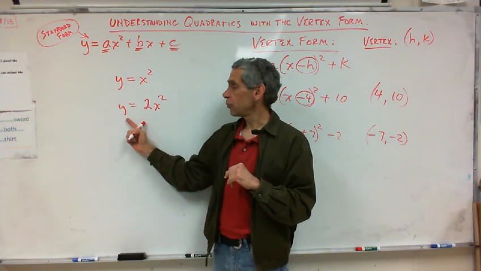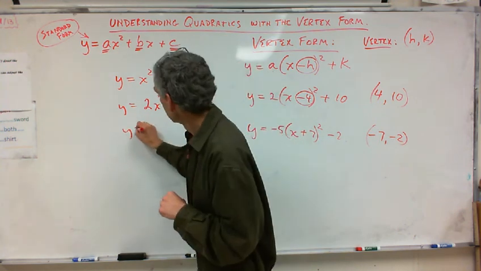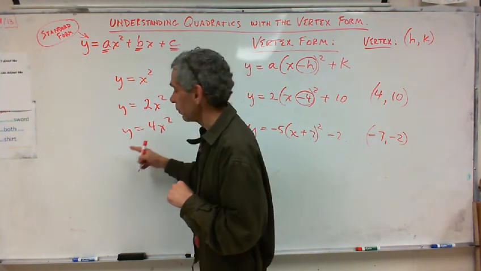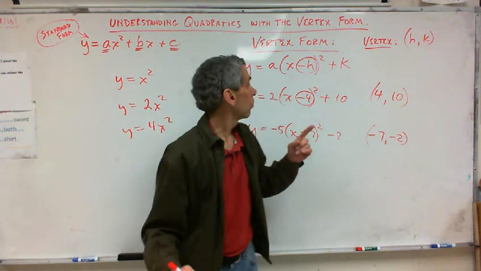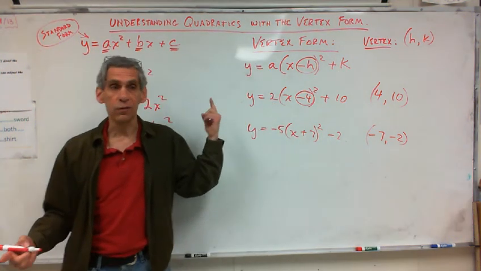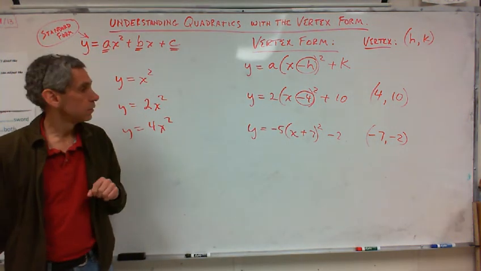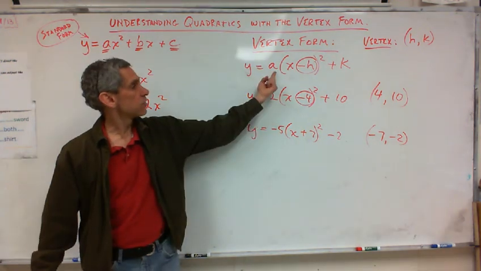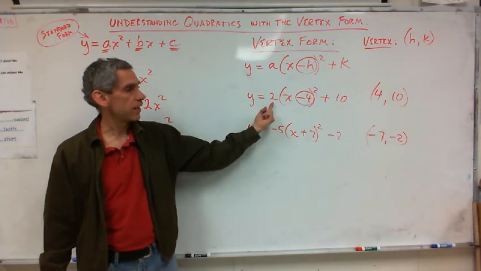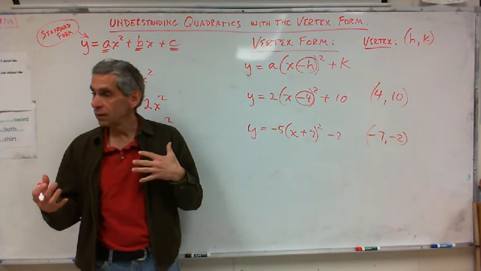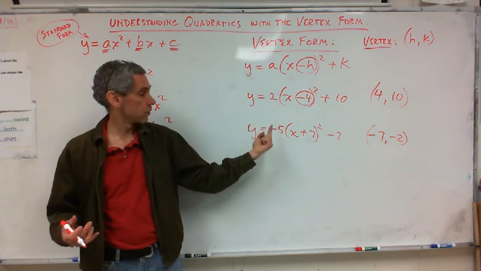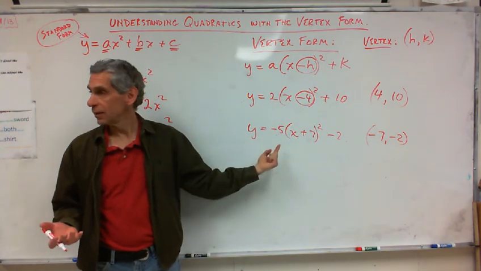If I had y equals 4x squared, it would be standard parabola times 4. Right? So where's my a in the vertex form, Lila? Right, this is my a. Whatever that number is, I'm going to use standard parabola, y equals x squared, times whatever a is. Make sense?